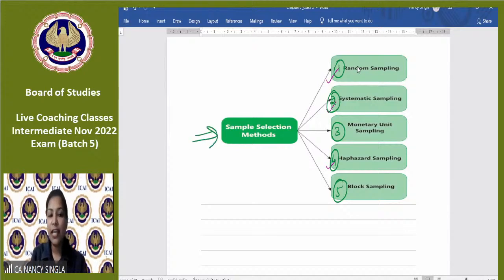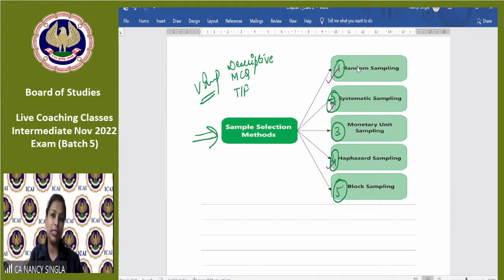So there are 5 methods of sample selection. Very, very important. You may get a descriptive question. You may get an MCQ. You may get true-false. And in fact, today the case studies that we'll be discussing, if time permits, are totally based on these methods.